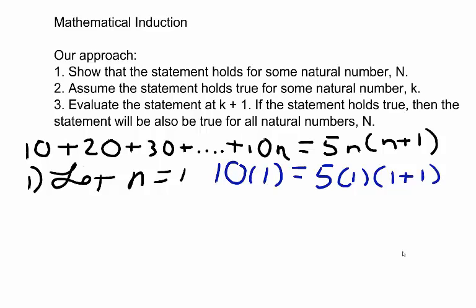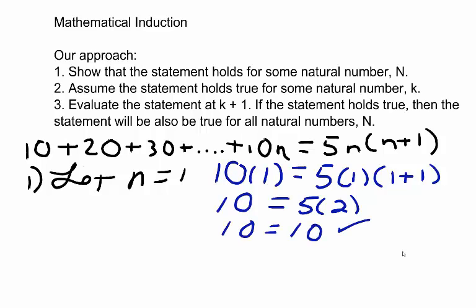Note that we simply substituted 1 for each n in our statement. Simplifying the statement, we get 10 equals 5 times 2, or 10 equals 10. So now we see that our statement holds true for some natural number n.